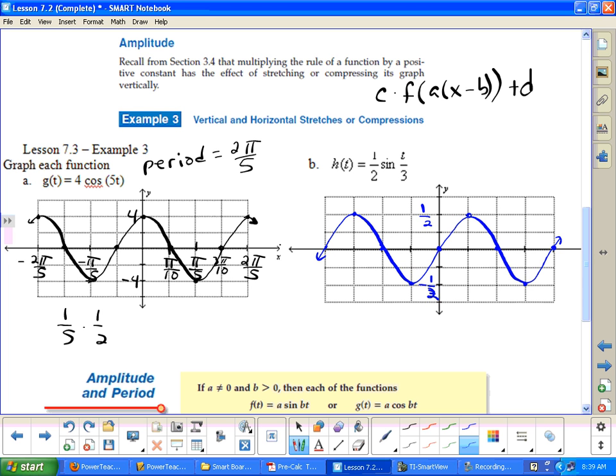Okay. To find the period, we're going to do 2 pi divided by 1/3, right? Because that's the value of b. So the period is 6 pi. So then down here, this is going to be 6 pi.